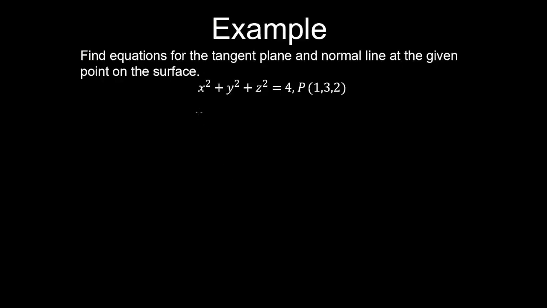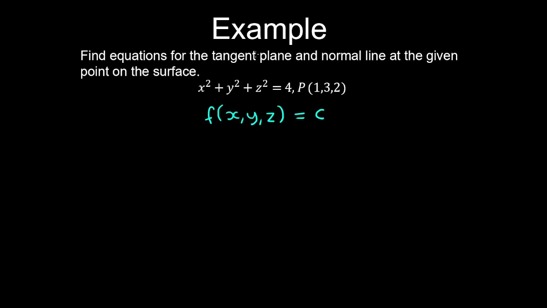Find equations for a tangent plane and a normal line at the given point on this surface. So this here is a level surface of a function of 3 variables because the function is equal to a constant.